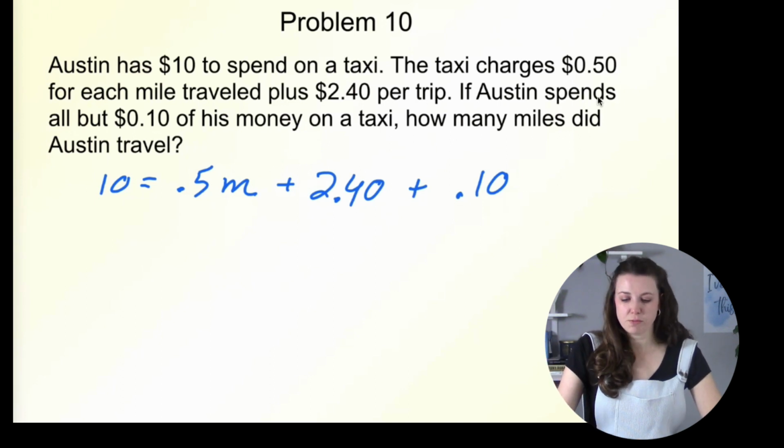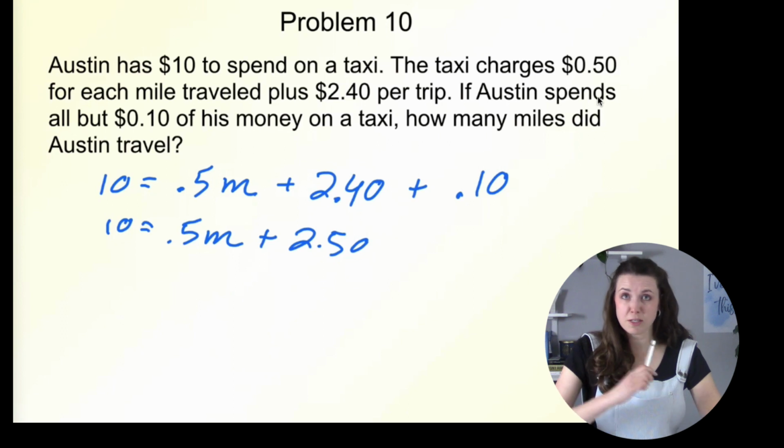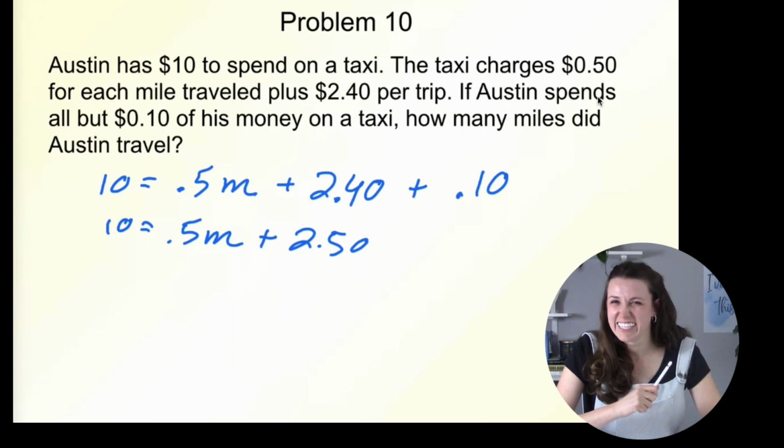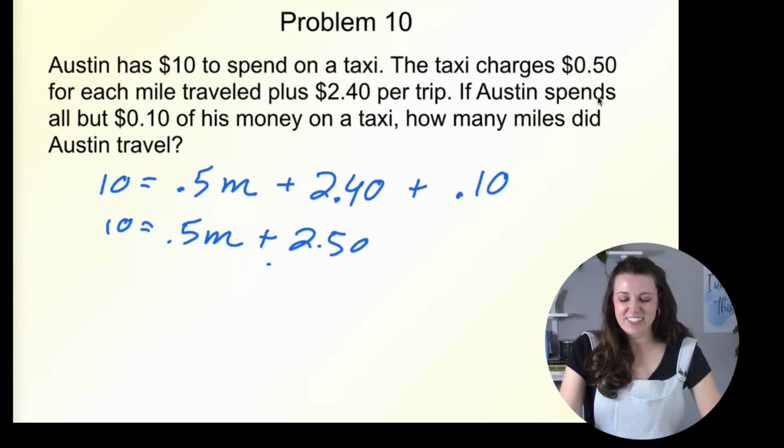I have 0.5M plus 2.50. Subtract the 2.50 on both sides, because remember, you want to get the miles alone. So subtract 2.50 from both sides.